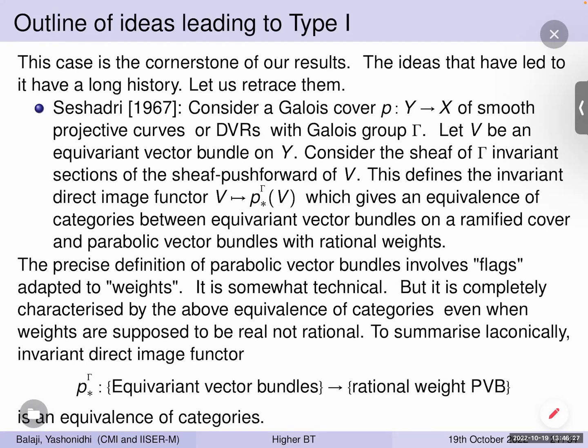To summarize laconically, the invariant direct image functor p lower star upper Gamma goes from equivariant vector bundles to rational weight parabolic vector bundles, and this is an equivalence of categories. So this is all I need for the next slide.